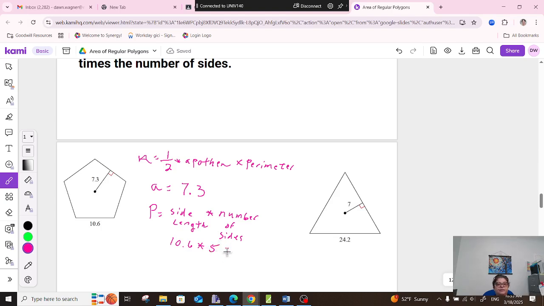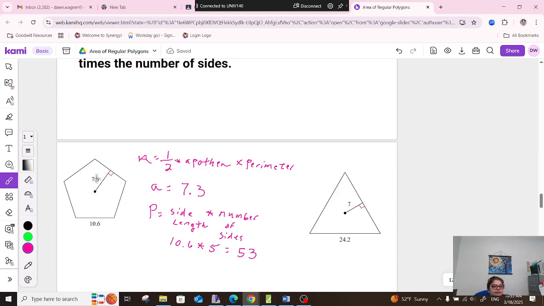What is 10.6 times 5? Go ahead and do that for me. 10.6 times 5. I did that in my head. Aren't you all impressed? Okay, so let me talk about that for a second. Perimeter means all the way around the outside.